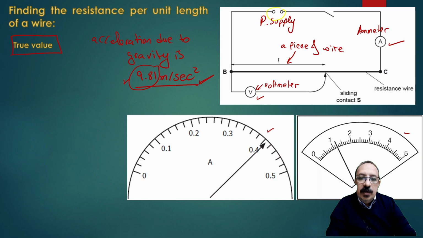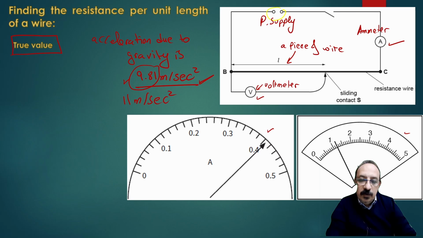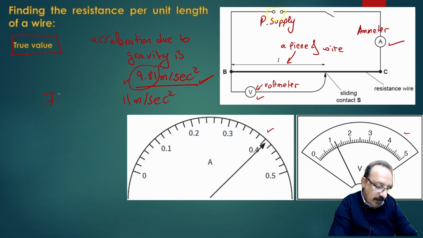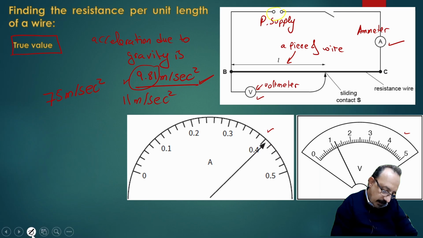So if you carry an investigation with a simple pendulum to measure it, and you get something like 11 meter per second square, you know that you are a little bit off. If you get something like 75 meter per second square, then you definitely know that you are totally wrong. So knowing the true or the expected value for a measured quantity before carrying out an experiment is always important and instrumental.